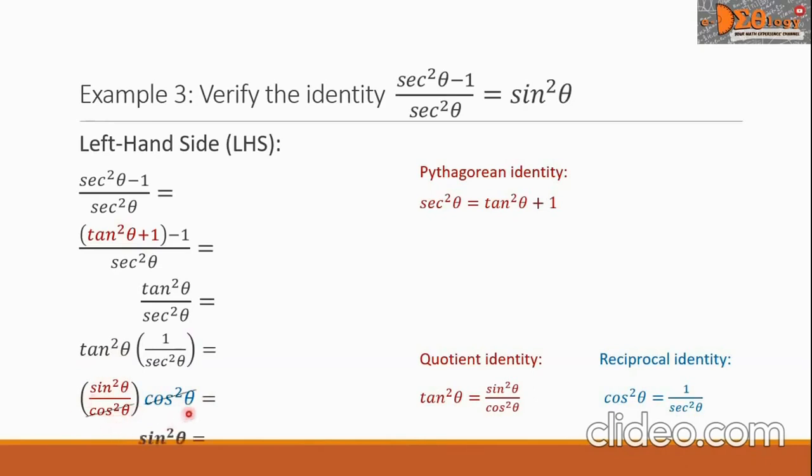After the cancellation, only the sine square theta remains. And from here, I can see that this left hand side is now equal to the right hand side. We are able to show that the left hand side is equal to the right hand side.